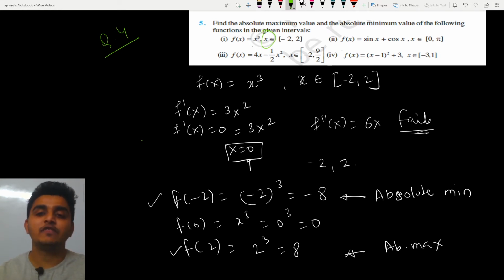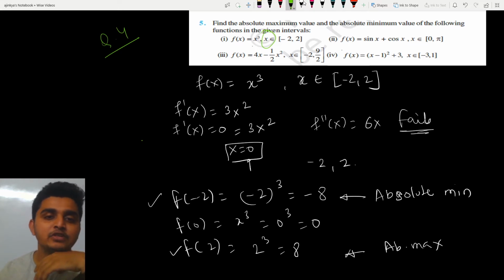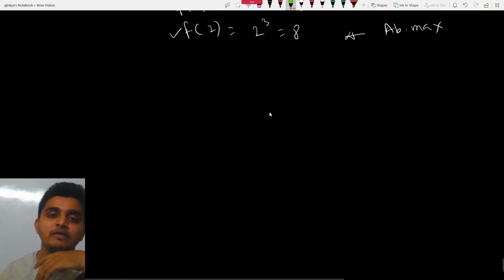The second question says f of x equals sin x plus cos x, when x, or rather the angle, belongs to 0 to pi radians, right? So we will check how we can tackle this question.